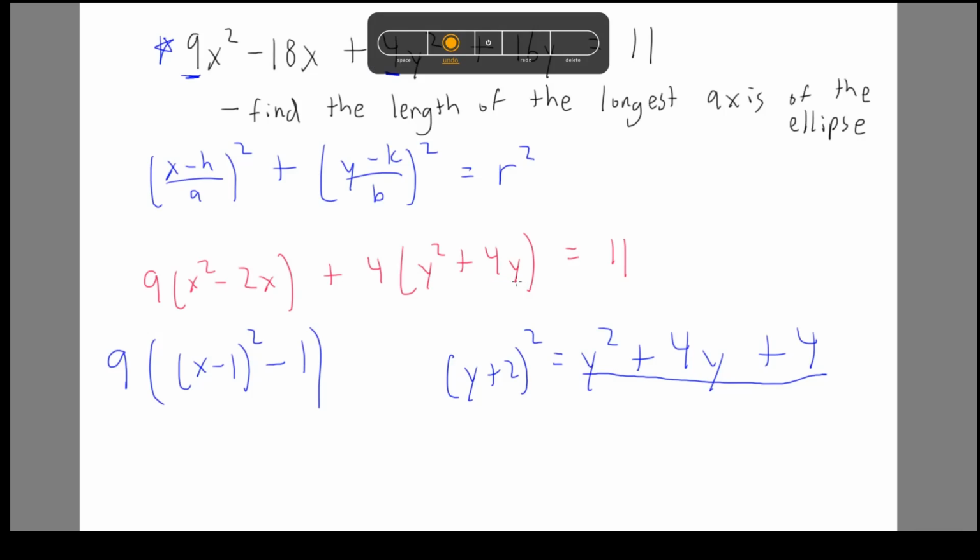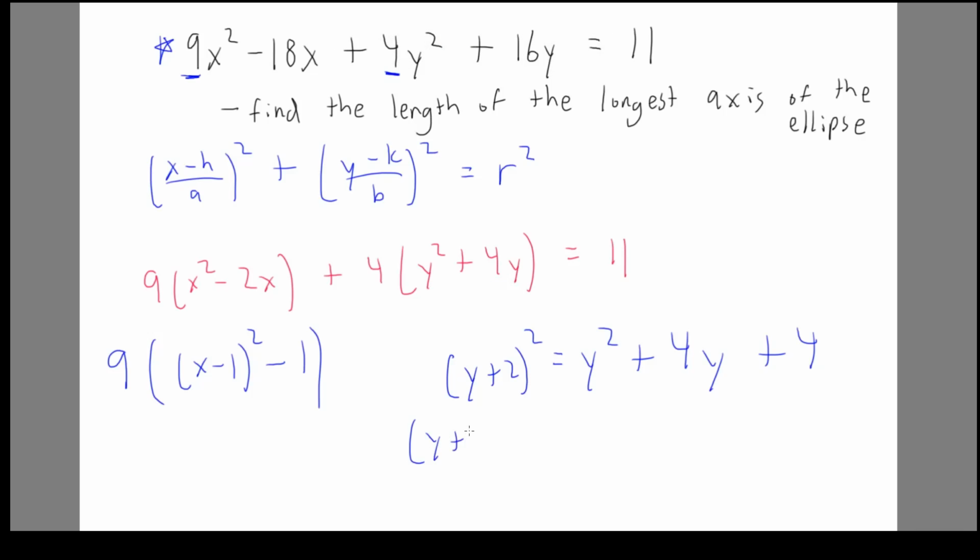So we want to subtract 4 from both sides of this equation to make them the same. So y plus 2 squared minus 4 is equal to y squared plus 4y. Now, since we know that these two are equal, we can substitute this right here in for y squared plus 4y. I'm going to do that really quick, and then we'll keep going.